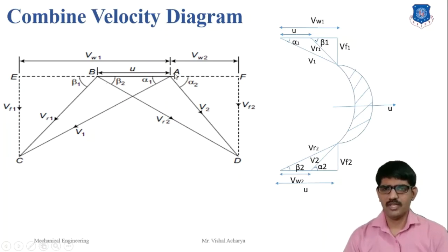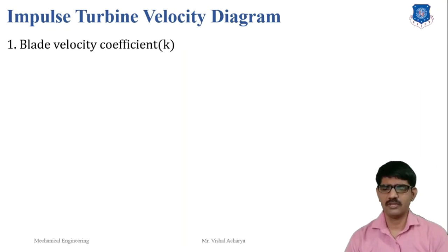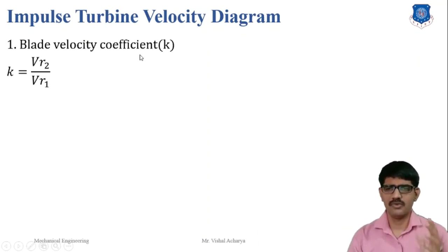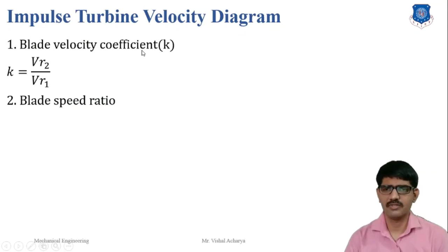Plotting alpha 1 and alpha 2 makes it easy to understand. Some remaining terminology for the combined velocity diagram: Vr1 is equal to Vr2 when the friction loss is negligible, and beta 1 is equal to beta 2 when the blade is symmetrical. Blade velocity coefficient is the ratio of the outlet relative velocity to the inlet relative velocity.